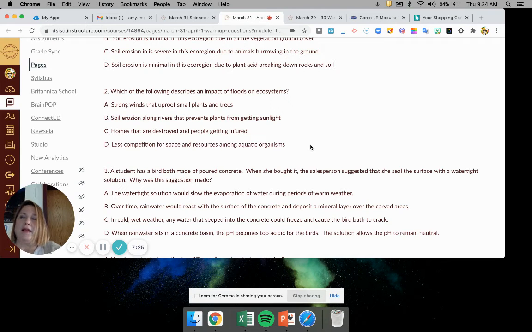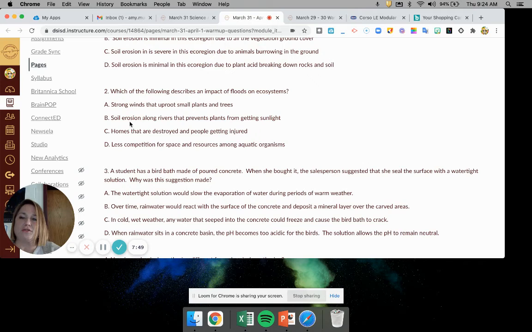Well, if the plants and trees have been uprooted and carried downstream and the stream structure itself has been damaged, haven't we reduced the number of resources available? So that means there would be more competition for resources. So it can't be D because it would have more competition.